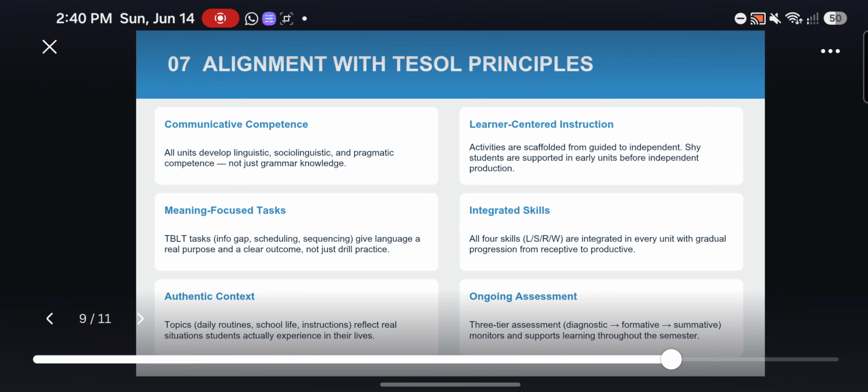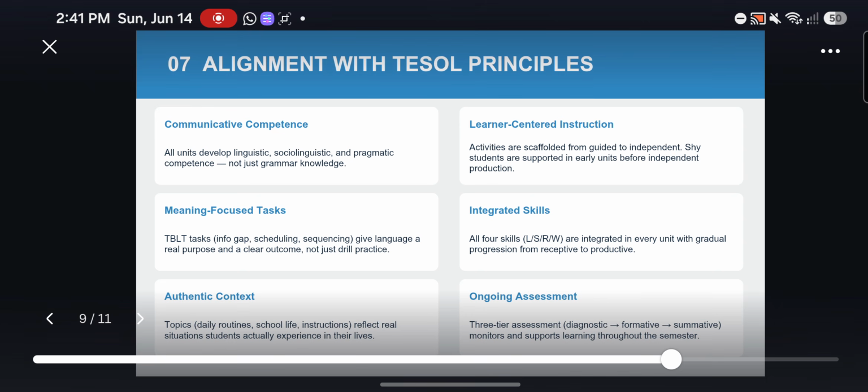All four skills are developed in every unit with a gradual move from receptive to productive. Fifth, authentic context. All topics come from students' real life, like school, daily routines, feelings, and social interaction.